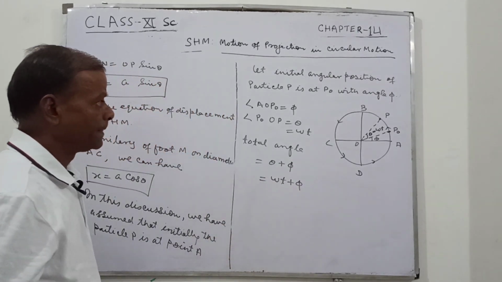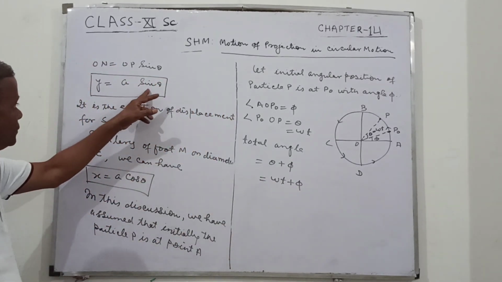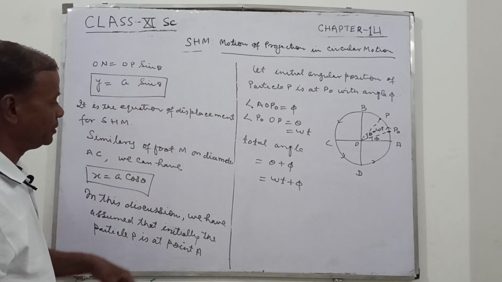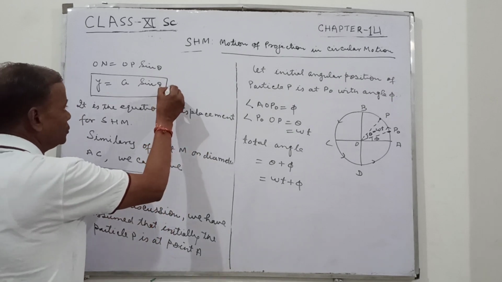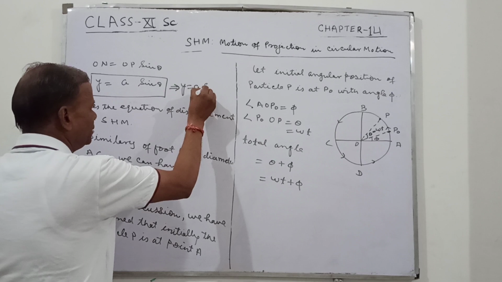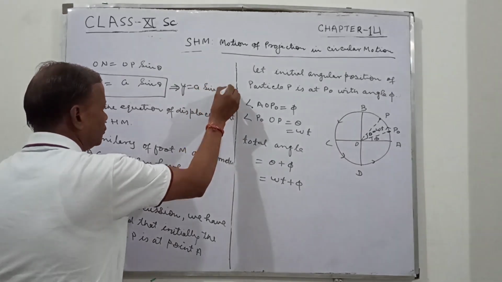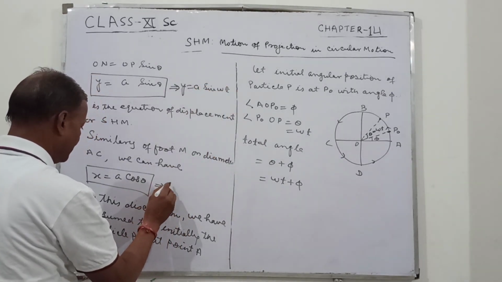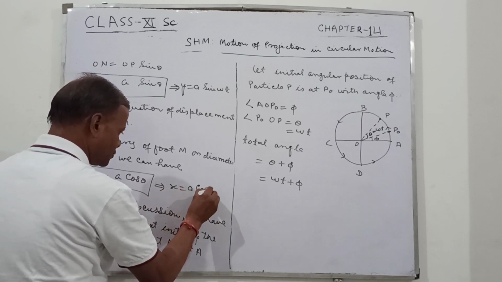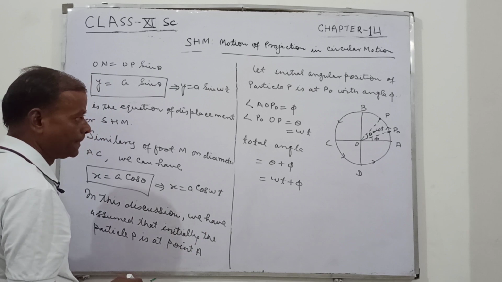So in these equations where we have sin theta, cos theta, we can write y equal to a sin omega t, and x equal to a cos omega t.